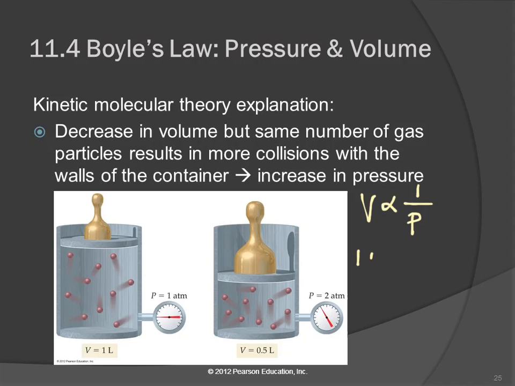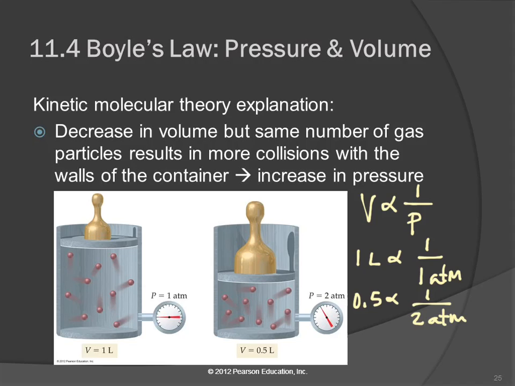So there we had 1 liter is proportional to 1 over 1 atmosphere, and 0.5 liters is proportional to 1 over 2 atmospheres. Because what is 1 over 2? It's 0.5, isn't it? This example was set up so that they were equal, but that's not always the case. But you see, the volume goes down, the pressure goes up. Any questions?